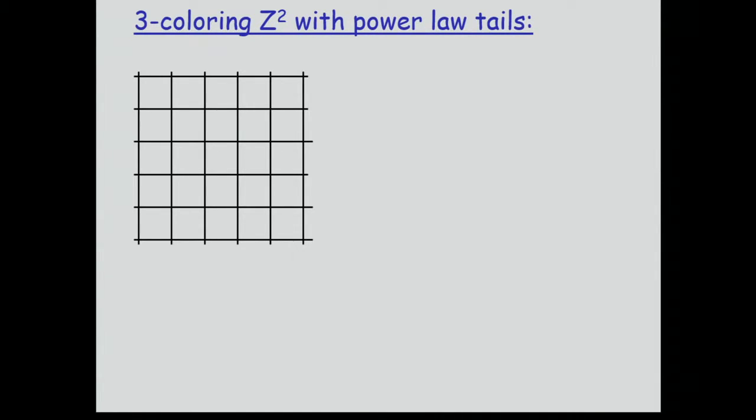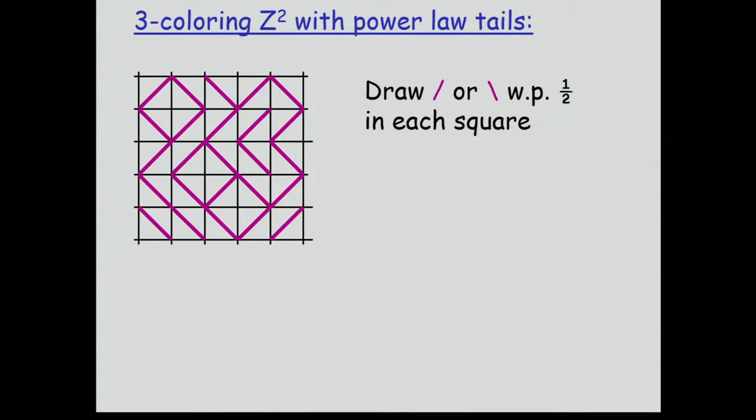So if you have a 3-coloring of Z^2 and you think about a unit square, then if you think about it for a second, there must be 2 diagonal points that are the same color as each other, because you only have 3 colors. So I'm going to use that fact. In each unit square, I'm going to draw a diagonal line that way or that way with equal probabilities, and they're going to be IID coin flips.